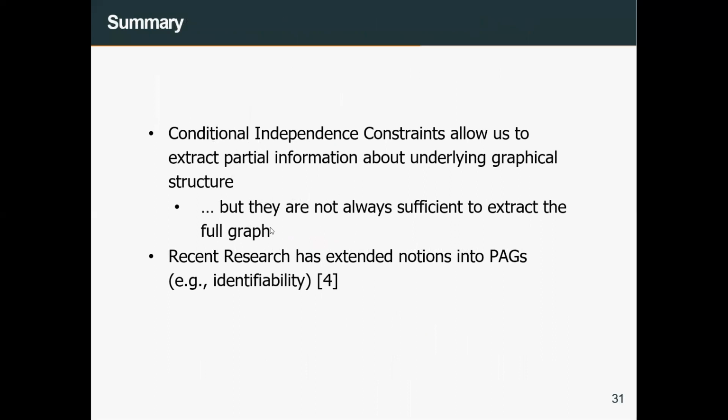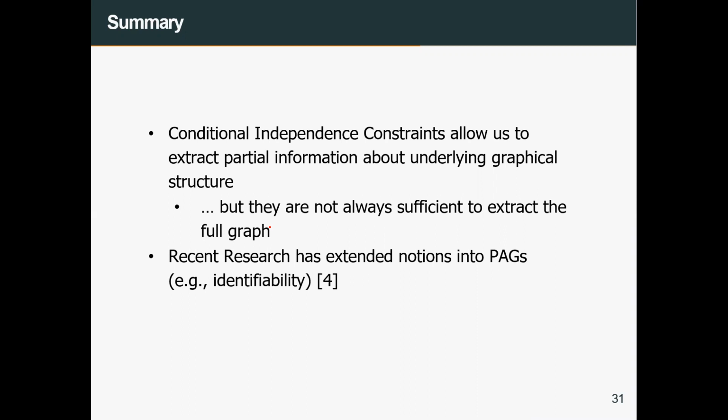So the summary for this entire presentation is that by using conditional independence constraints, we can extract partial information about the underlying graphical structure, but it's not always going to be sufficient to extract the entire full graph of the true model.